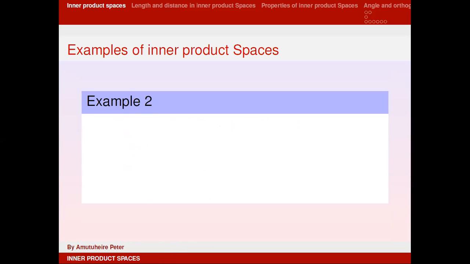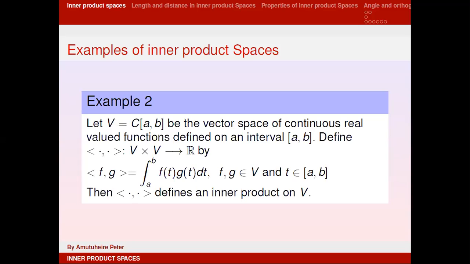Example 2. We have a vector space V equals C[a,b], which is the space of all continuous real valued functions defined on an interval [a,b].